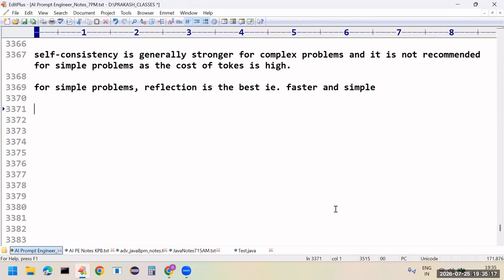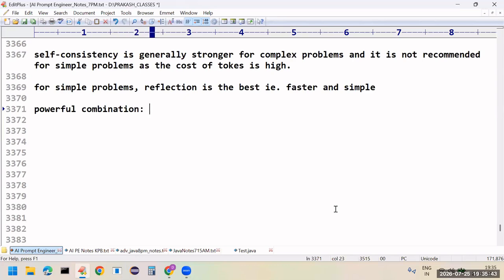Now, sir, I will go with one powerful combination example. Sir, can I go for that? Yes. Now observe carefully. What I am doing is a powerful combination.